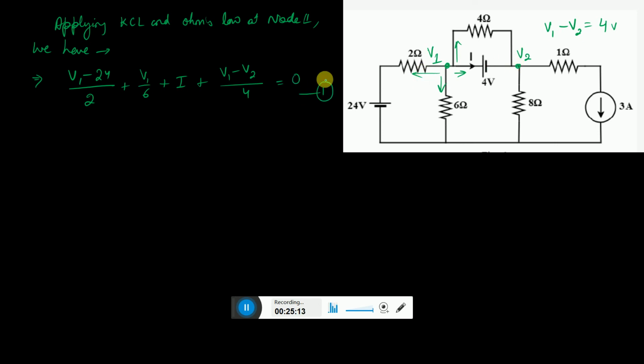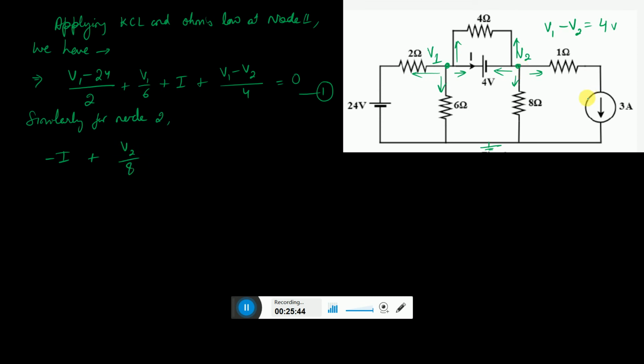Another equation for node 2, similarly you can write. Let us begin with any one, like 1 2 3 4. Here you have got minus I, because I is there already, minus I plus, and here, yeah, one thing I forgot, this is the reference here, so this will be V2 by 8.